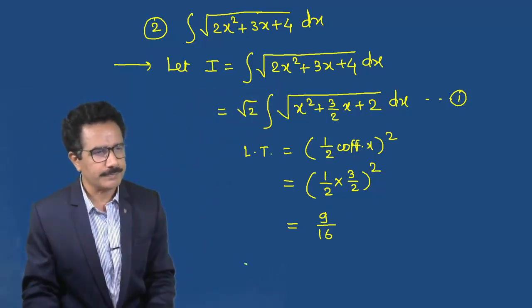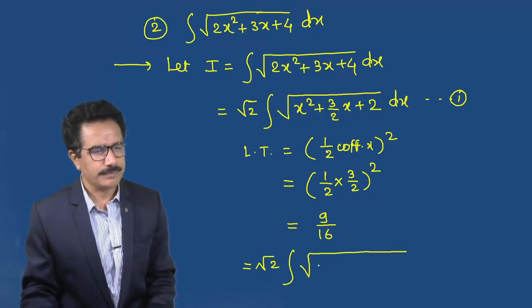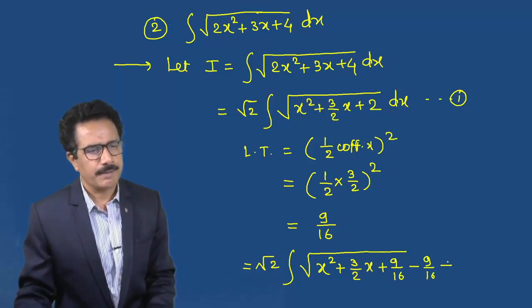So we get root 2 into root of x square plus 3 by 2 x plus 9 by 16 minus 9 by 16 plus 2 dx.